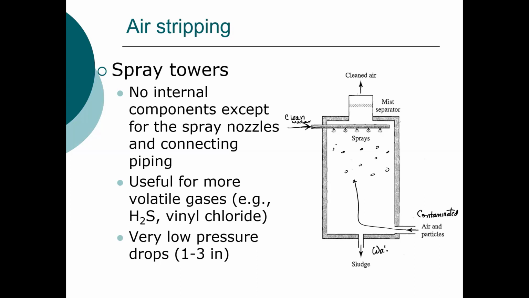We end up with water containing the contaminant, and if we have particulates, the particulates. So the way it's shown here, we start with a contaminated airstream. We end up with a contaminated water stream that we have to further treat.